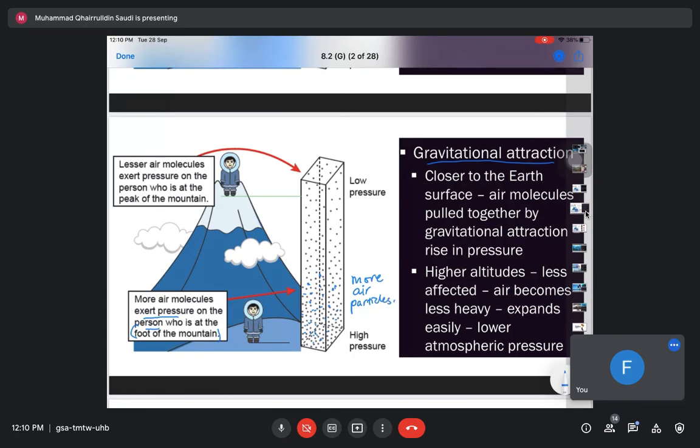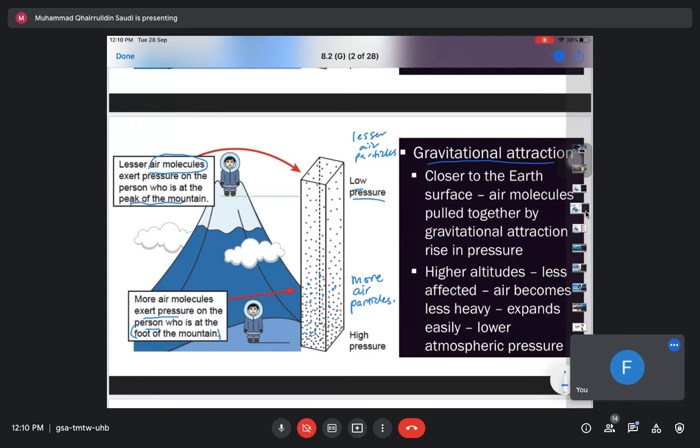When you are at the peak of the mountain, the air pressure is low because the air molecules are fewer. There are lesser air particles there. When there are lesser air particles, okay, it causes low pressure.